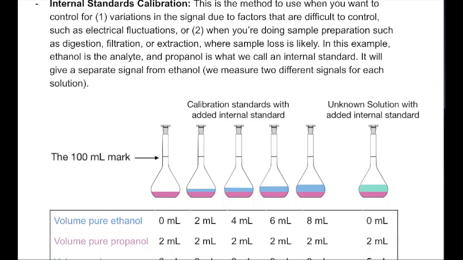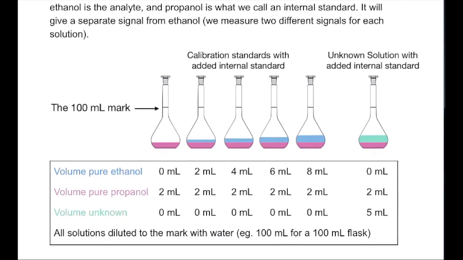So in the example I'm going to use here, we have ethanol as our analyte, so that's what we're trying to measure. We have propanol as the internal standard, and we have an unknown, which is going to be an ethanol solution. So notice in this particular example, it's quite similar in some ways to the external calibration method.